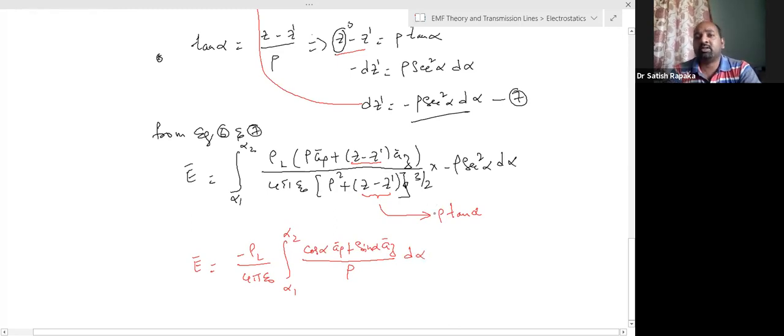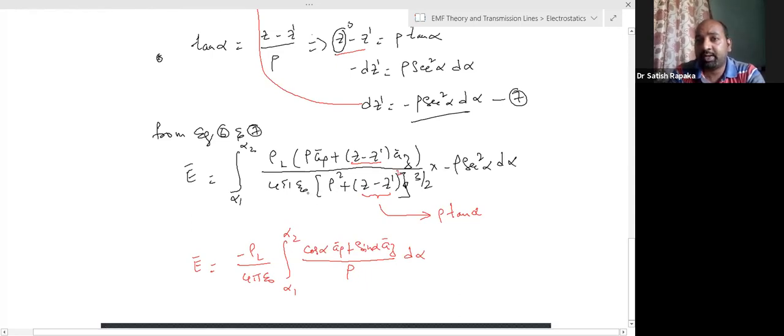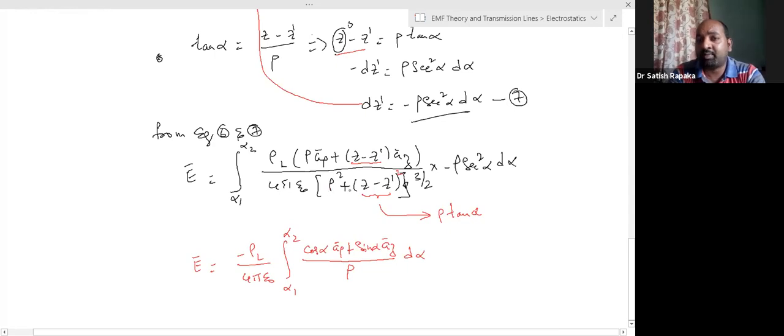After simplification, this you will get. Here, we have a square, and you can take rho square common, and you'll get 1 plus tan square alpha. So 1 plus tan square alpha is secant square alpha, and secant square alpha is 1 by cos square alpha. The simplification I'm leaving to you.